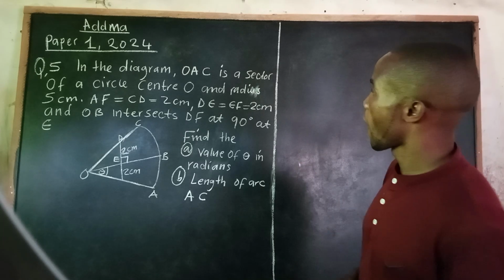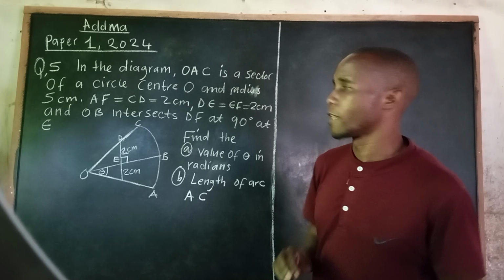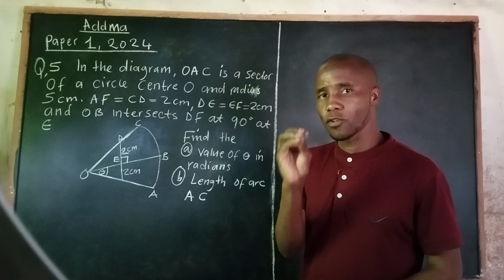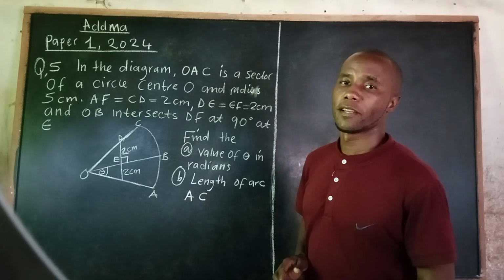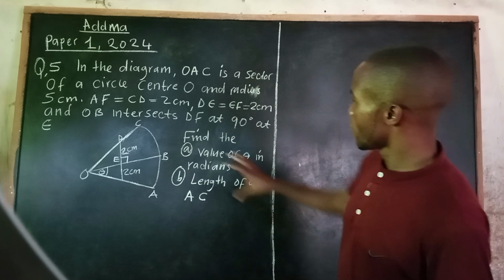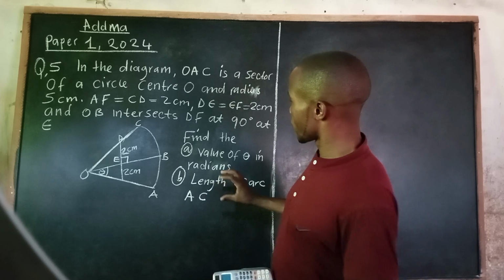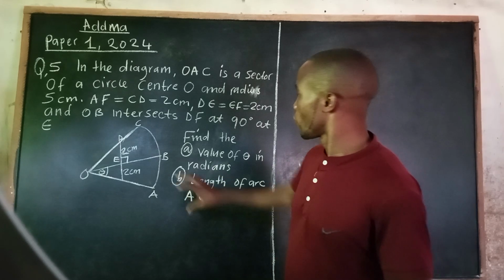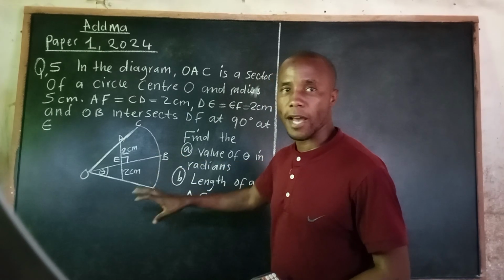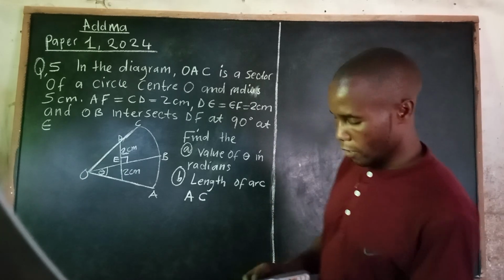But remember, I always emphasize that whenever you have a question, make sure you identify the topic of that particular question. This question is coming from the measures of circle, where sectors and arc are being calculated.